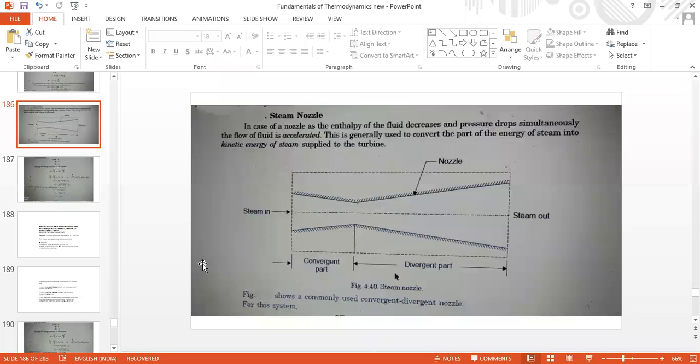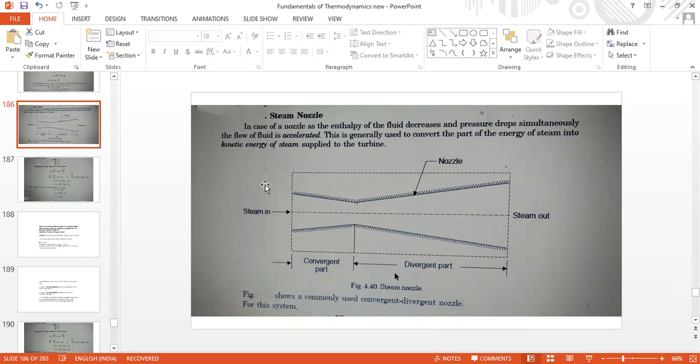For example, to blow a horn, when you were children, you had to blow air through it with high pressure, and there would be an audible noise. Here also, the pressure energy in the steam is converted into kinetic energy.